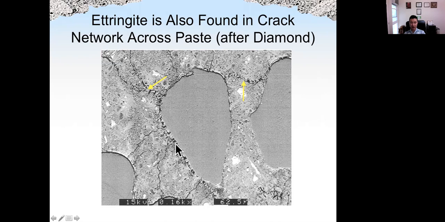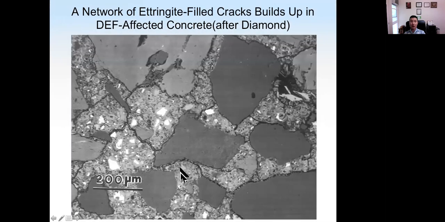Okay, we can see the classic streak pattern. Right, so this is the ettringite-filled cracks in the DEF affected concrete. Let's see, where is the ettringite? Here. Streak pattern also here, and also here. This is the formation of ettringite. So when ettringite is formed, volume expands. So that will crack the concrete along the crack and also along the ITZ.